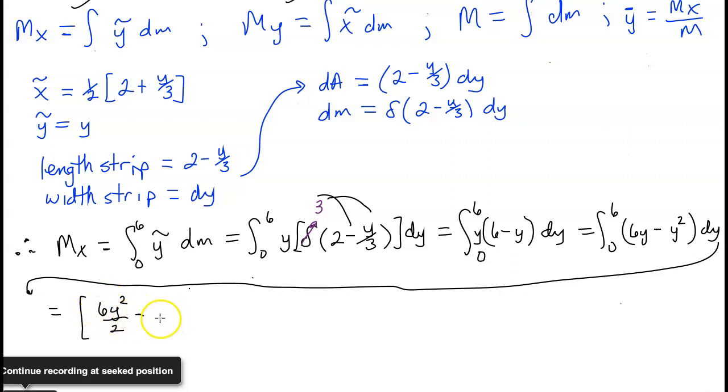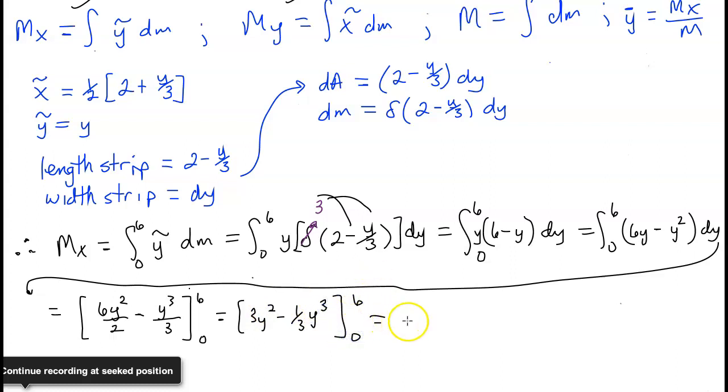Of course, I'm ignoring the 6 there. And the antiderivative of y squared is y cubed divided by 3. And we evaluate that from 0 to 6. So that just ends up being 3y squared minus 1/3 y cubed, evaluated from 0 to 6.